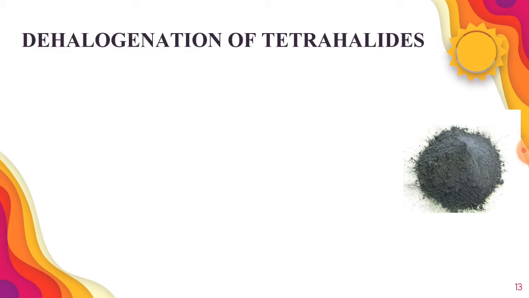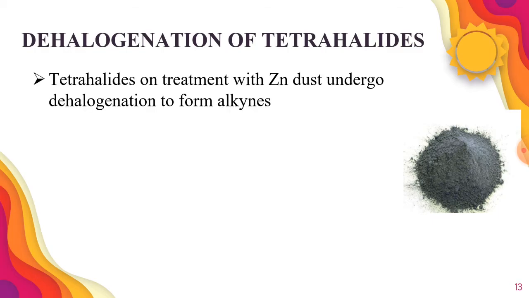Now this is the second method for the preparation of alkyne, that involves dehalogenation of tetrahalides. Tetrahalides are the organic compounds having four halo groups present in them, and these four halo groups must be present on the adjacent carbon atoms.